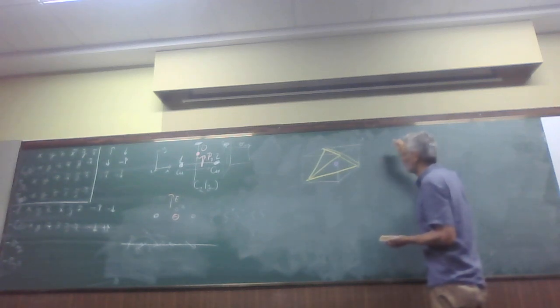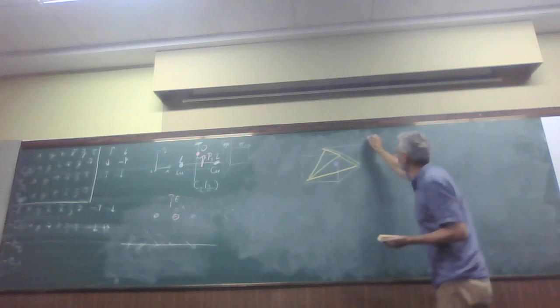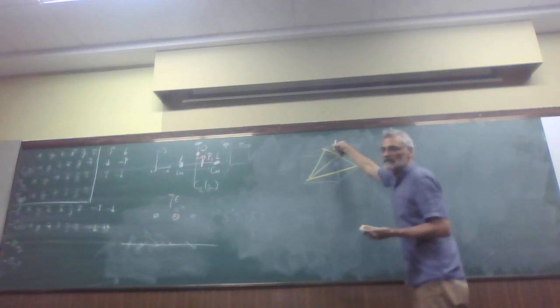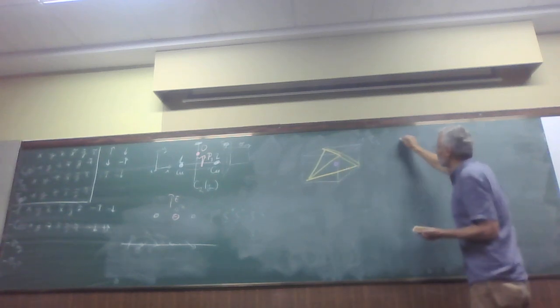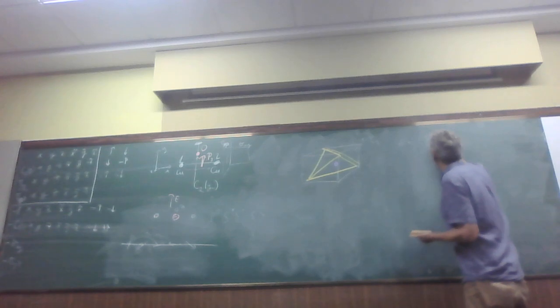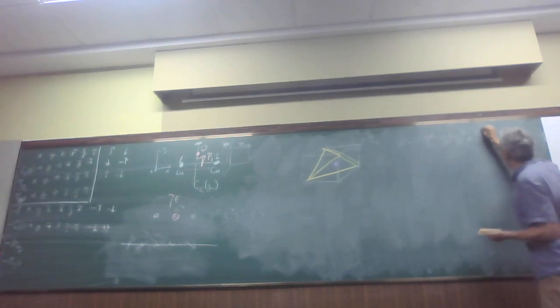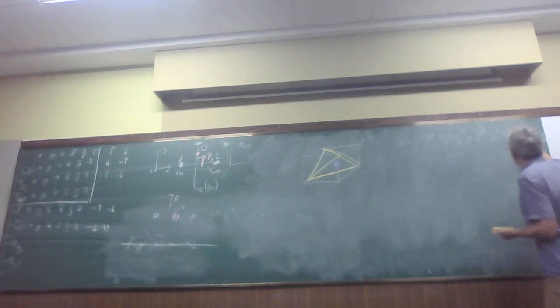We will have a C3 rotation, some C2 rotation, and some sigma planes. Eventually, you will end up with a Hamiltonian that can have something like Px, Sy, Sz plus Py, Sx, Sz plus Pz, Sx, Sy.